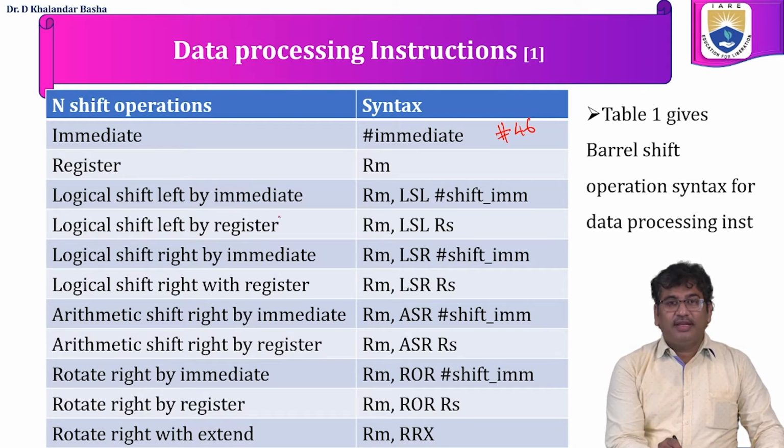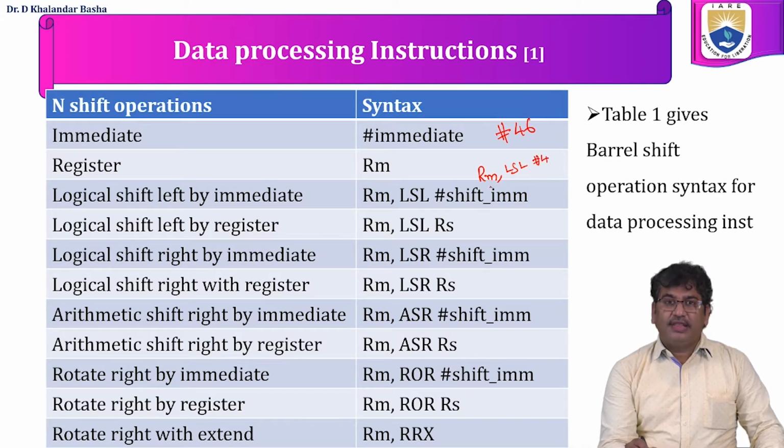Logical shift left by an immediate: Rm, LSL #shift immediate. Suppose the second operand is written like this: Rm, LSL #4. This indicates the Rm contents will be shifted left by 4 bits.